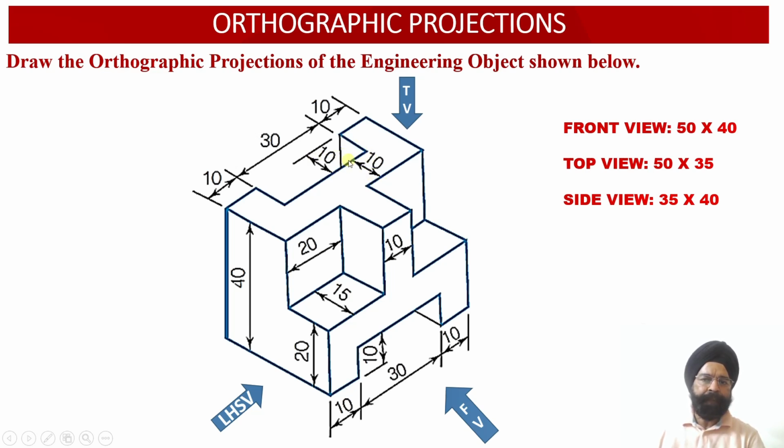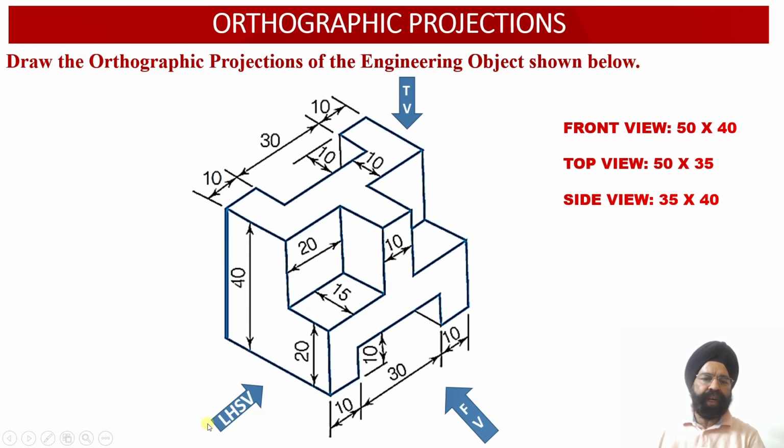Corresponding to this width, we have got the depth equal to 10 millimeter, and again corresponding to this rectangular slot, this depth is 15 millimeter. So the total depth of the solid is 35 millimeter. Therefore, the dimensions of the top view face corresponding to the solid will be 50 millimeter width and 35 millimeter depth.